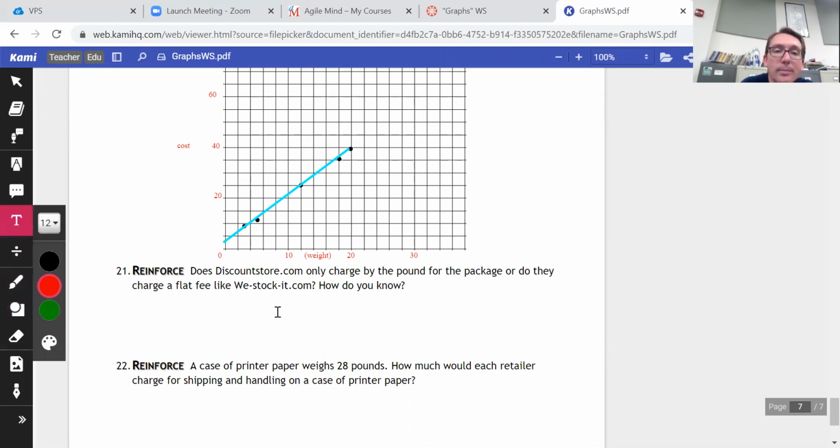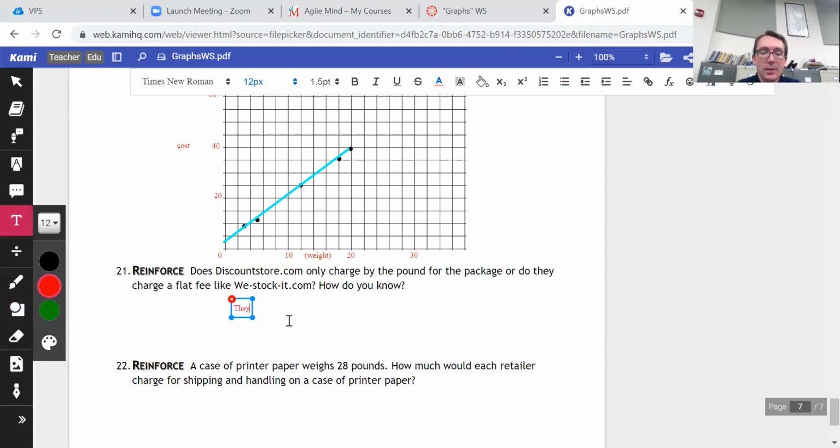So that's what we're looking for. They do. I know because the graph of the line intersects the y-axis, because it's good to use our fancy math words, the y-axis above 0.